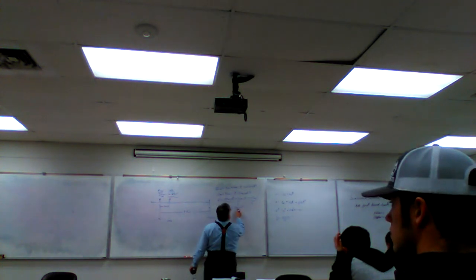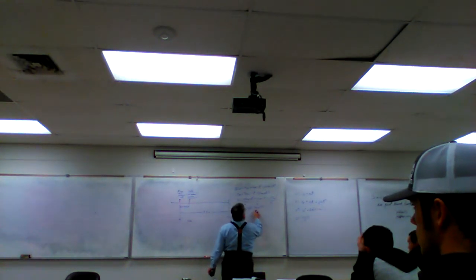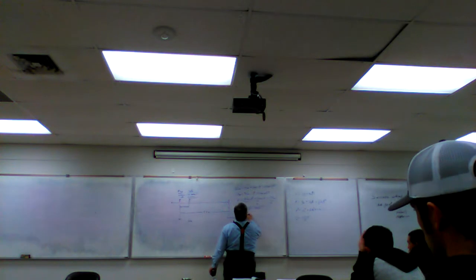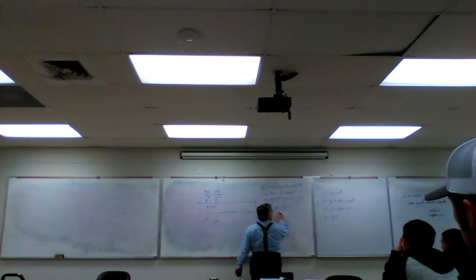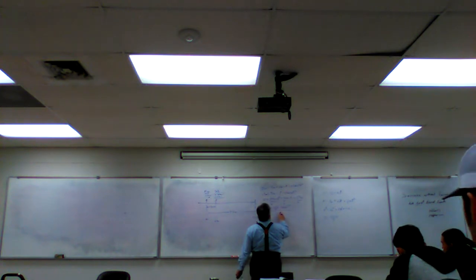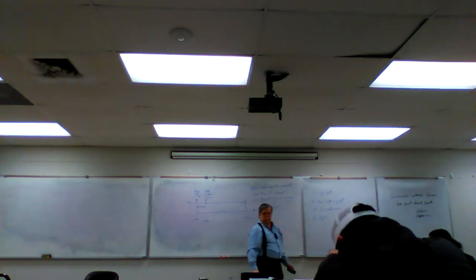Okay, but it's negative, so it's going to become, well, let's finish writing this out. 2 times a would be 2 times negative 5, so that would be minus 10, right?